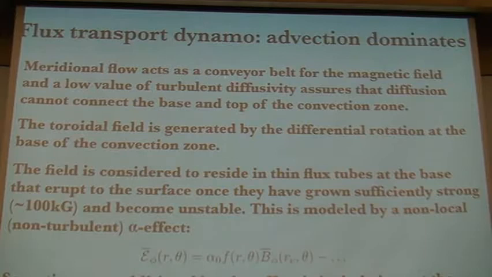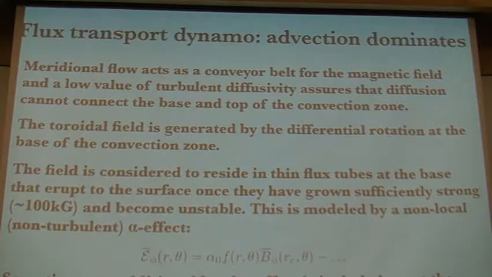And the connection comes with the meridional flow, which transports the field from the top of the Sun back to the tachocline. And the toroidal field is then generated by the differential rotation in the tachocline of the Sun.